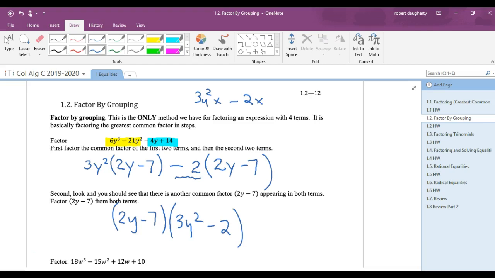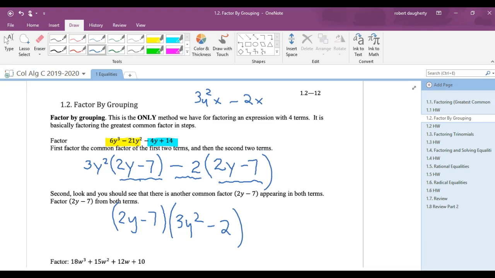So when I get to this point, what do these expressions have in common? They both have a 2y minus 7 in them. So if I pull the 2y minus 7 out, I'm left with 3y squared minus 2. So 2y minus 7, 3y squared minus 2.